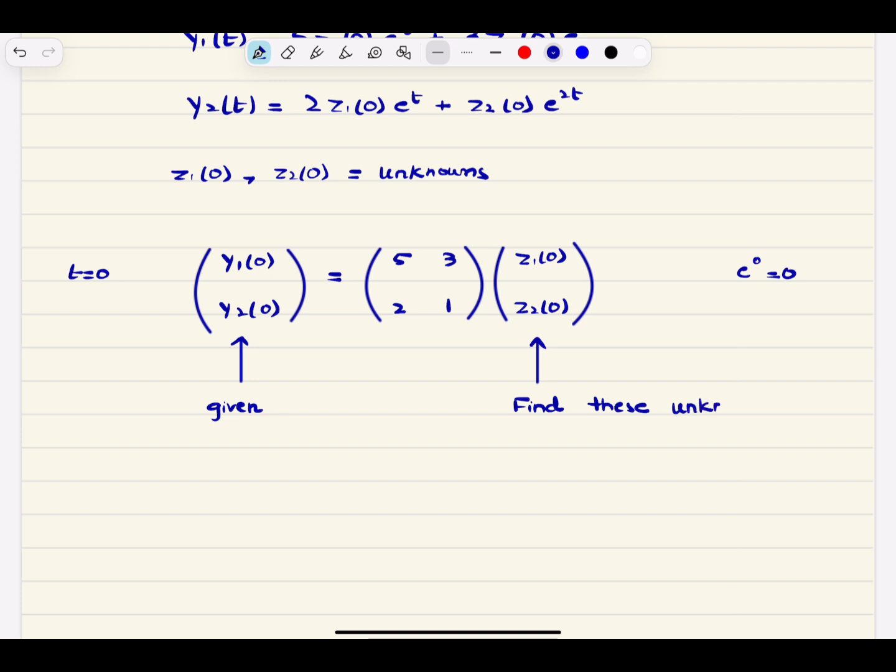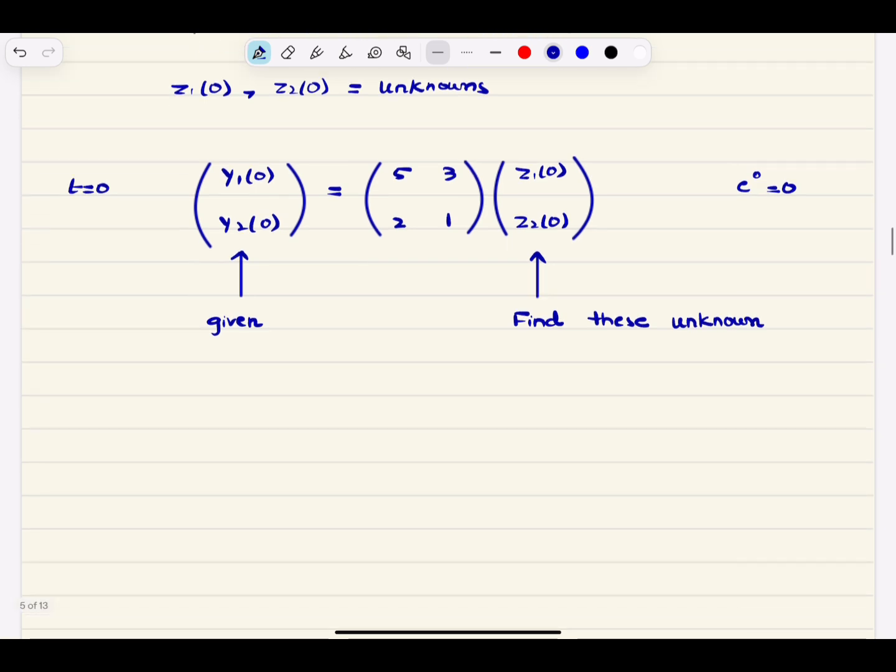You can make the augmented matrix, or you can use Cramer's rule, or you can just find the inverse and multiply it through. For instance, I've already done Cramer's rule and also the augmented matrix. So this time let's just multiply by the inverse.